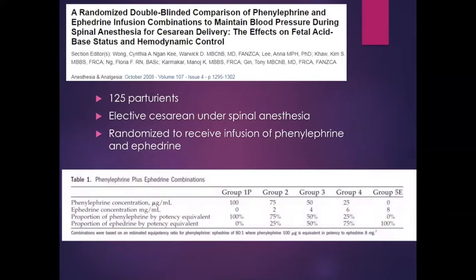The authors did make an assumption in this study that phenylephrine 100 micrograms is approximately equipotent to ephedrine 8 milligrams. The infusions were adjusted to maintain blood pressure near baseline until uterine incision, and hemodynamic changes and umbilical cord blood gases were compared.